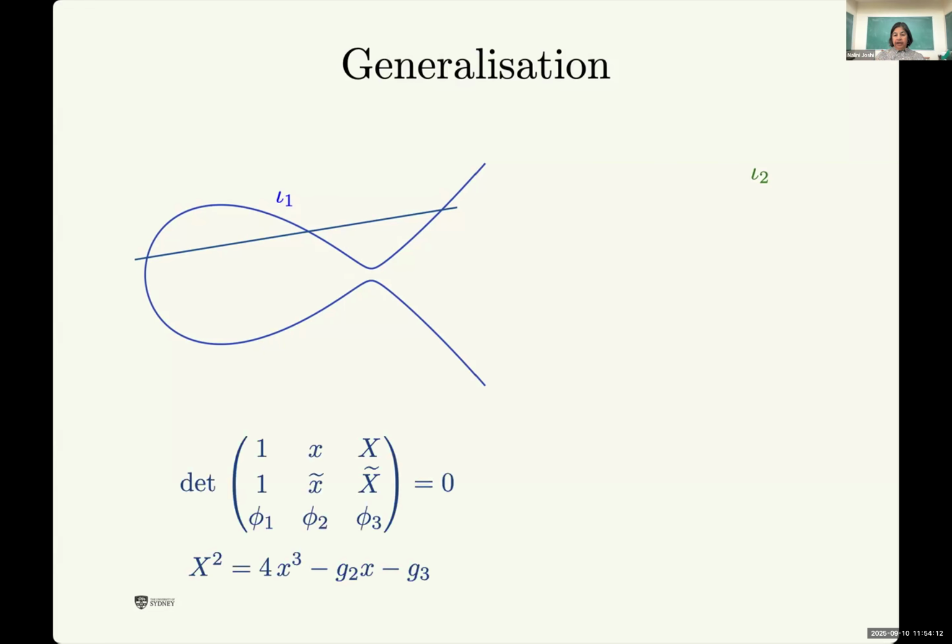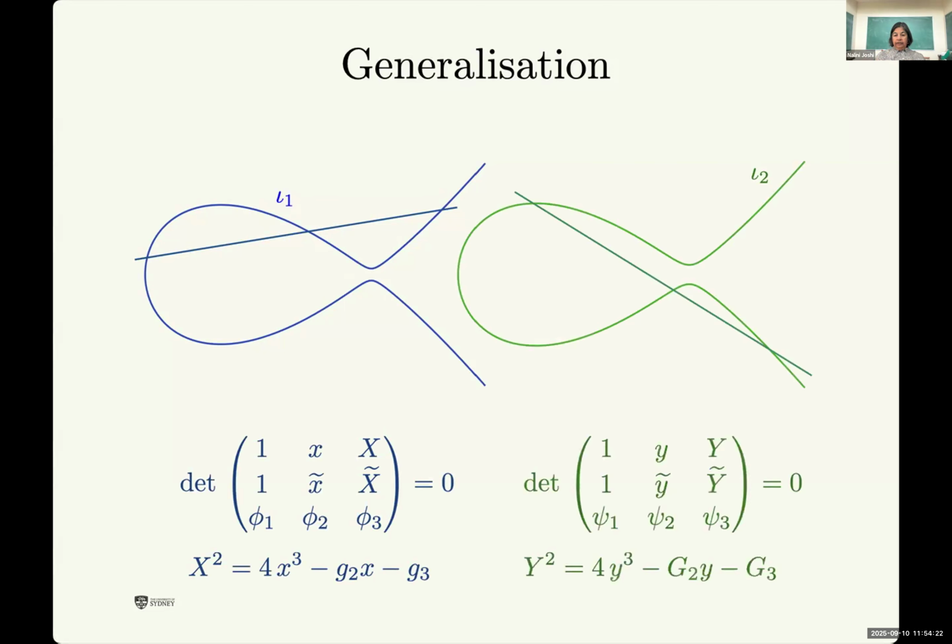Now, instead of taking the second part of the map being on the same curve, I can do an addition on a separate elliptic curve, characterized in a similar way with the addition theorem, but where the second map is in a different space. So the first one is in terms of little x and big X, and the second one in terms of little y and big Y.